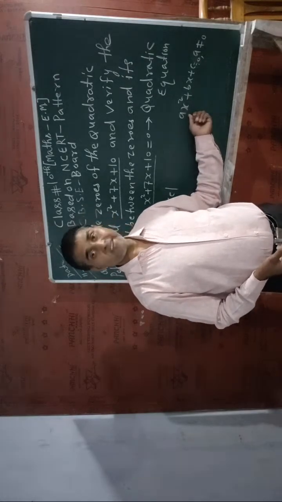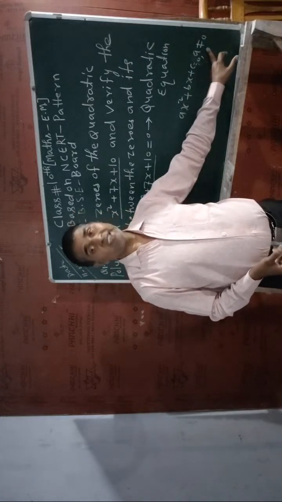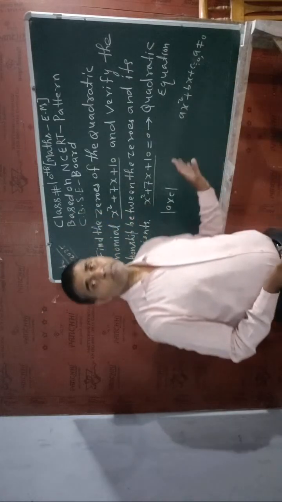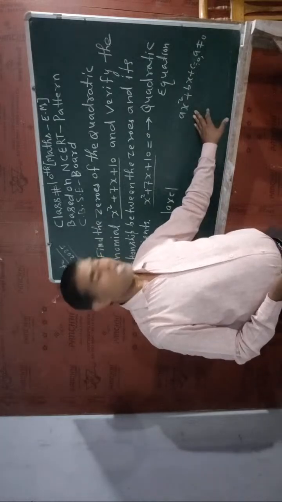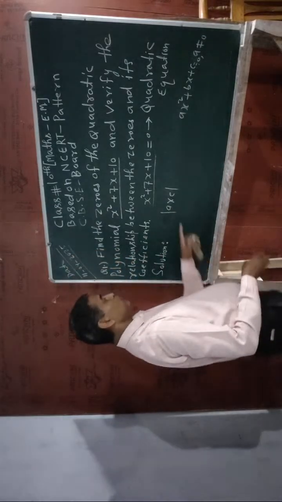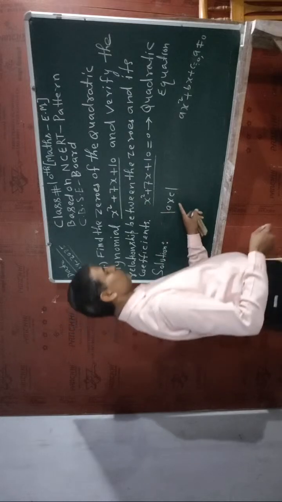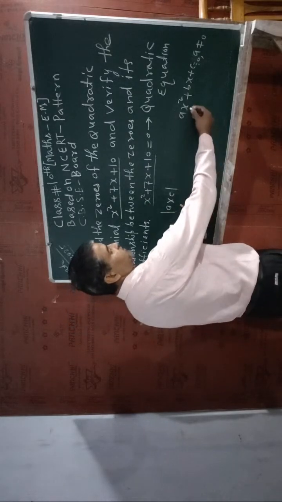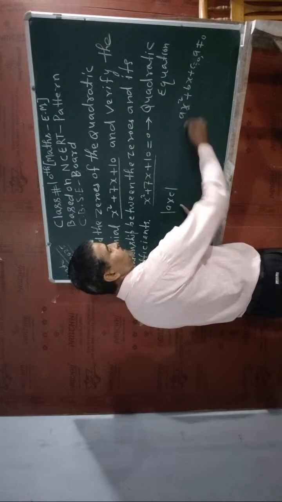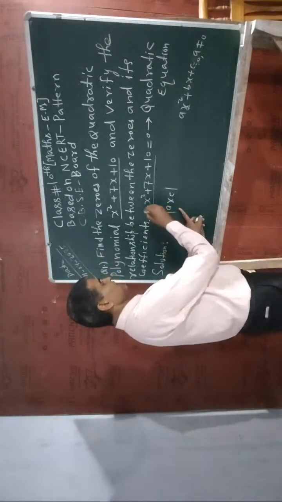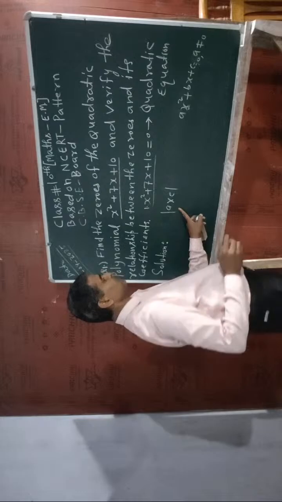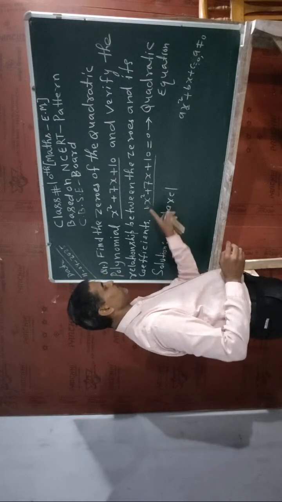So for a quadratic equation I am putting here a cannot be 0, because in the previous class I already explained it. So here the coefficient of x square is a. Now I will consider the coefficient of x square, and in this case I will assume the coefficient of x square is 1.